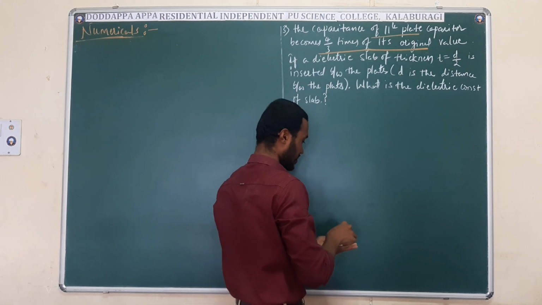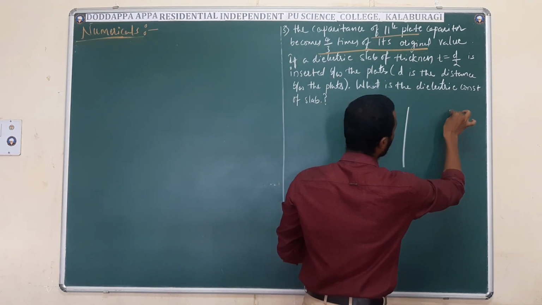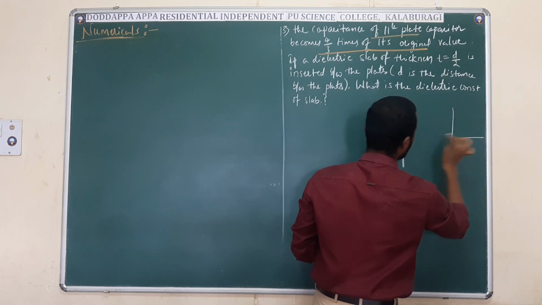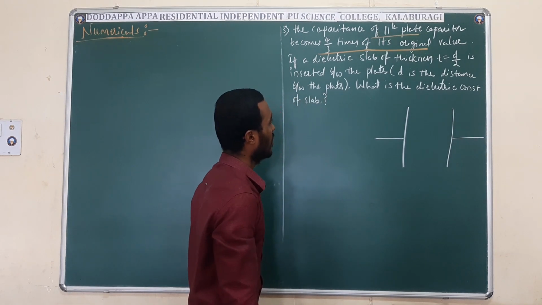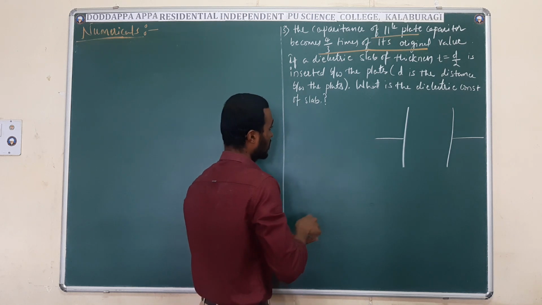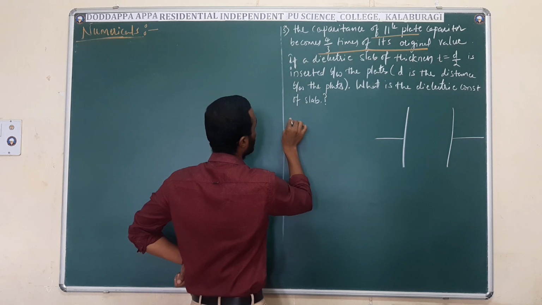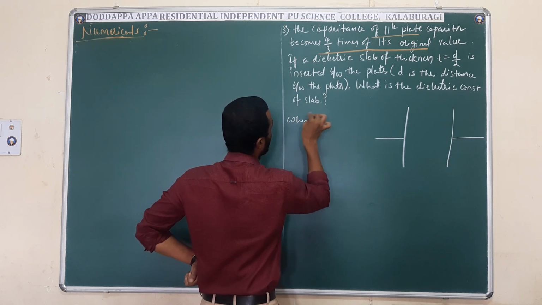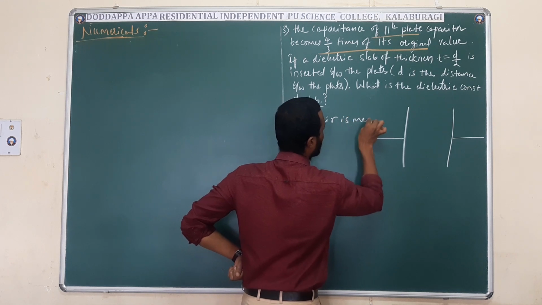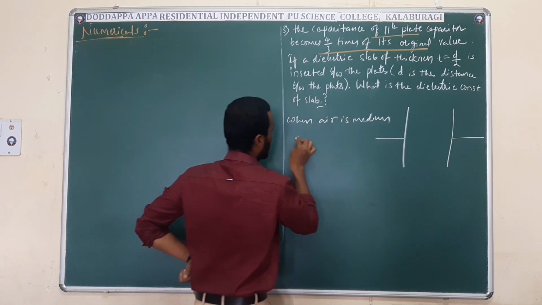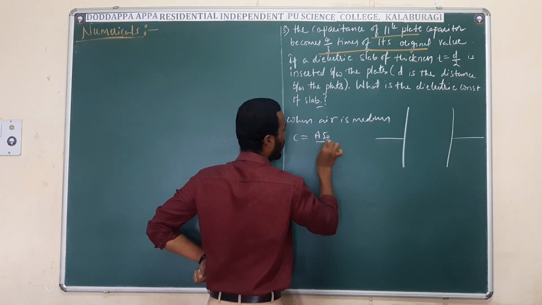Okay, let us discuss with a rough figure. Let us assume here we have the parallel plate capacitor. Before that I will write: when air is the medium, capacitance C is equal to A epsilon naught by d.